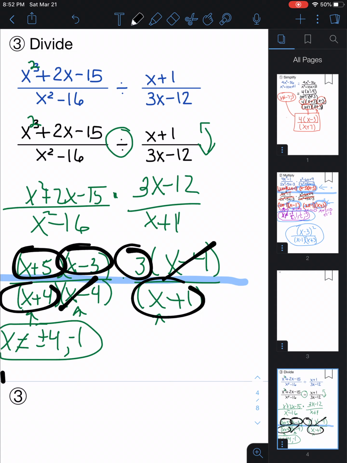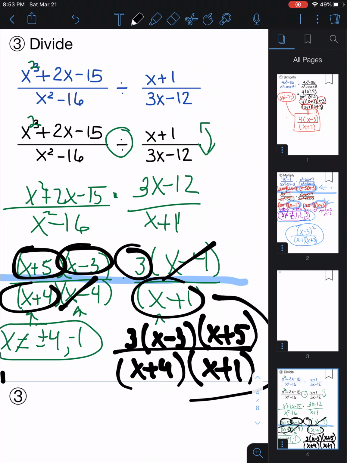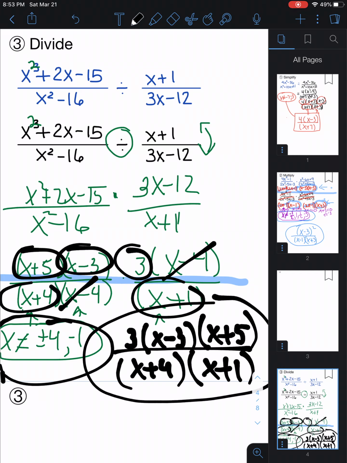So we'll put the 3 out front, and then x minus 3 and x plus 5 in my numerator, and my denominator, x plus 4 and x plus 1. There's my simplified form. There's my restrictions. And we're on to the next problem.